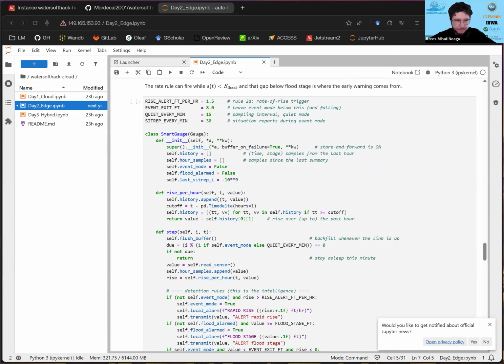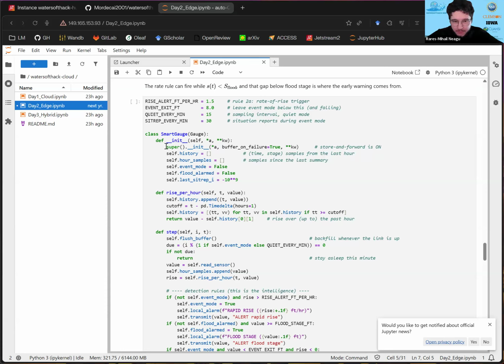Okay, again, we're going to create a child class, basically SmartGauge. And now this is very interesting. We're going to have a different constructor, a different initialization. And whenever you want to create a special constructor in a child class, you first have to call the constructor in the parent class.